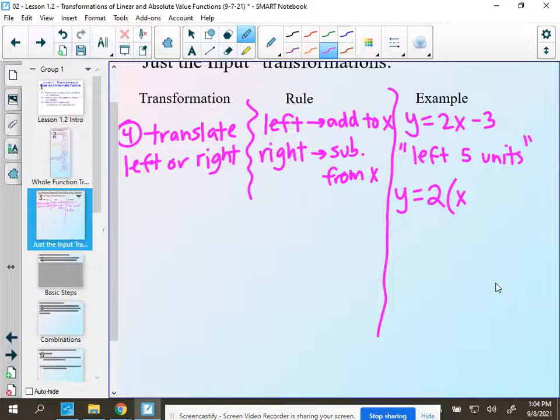What do I need to do with that? I want to move it to the left. So I should be adding 5 to the x. That's what I mean by just the input gets 5 added to it. I've isolated the x and added 5 directly to the x. And then don't forget, there was other stuff here. There was still a minus 3. That's what I mean by peeling stuff off and separating things from the x.